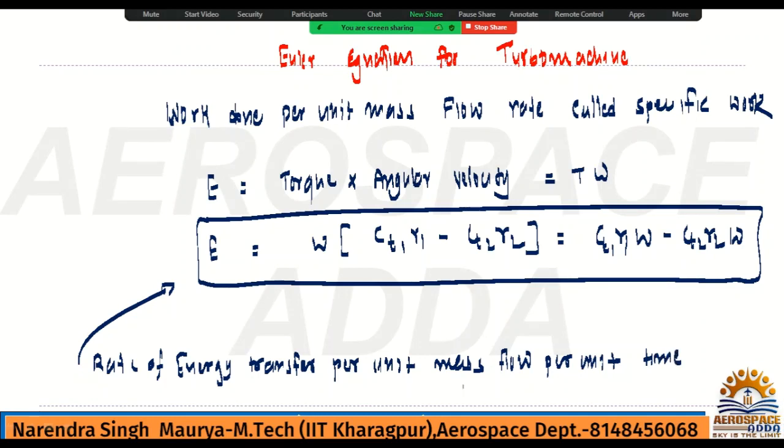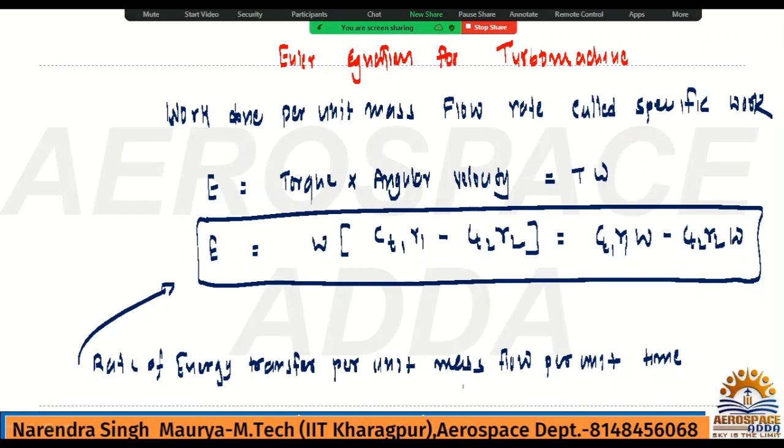So once you calculate this value, that value will be the power unit. Because what you had started with is specific work, the rate of energy transfer per unit mass, but per unit time, so specific work divided by time gives the power unit. Okay, right.